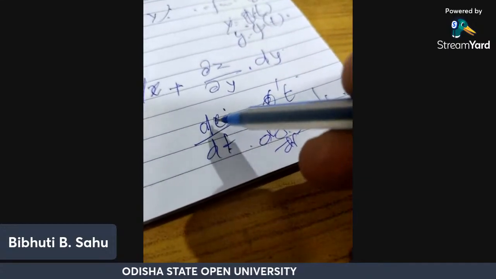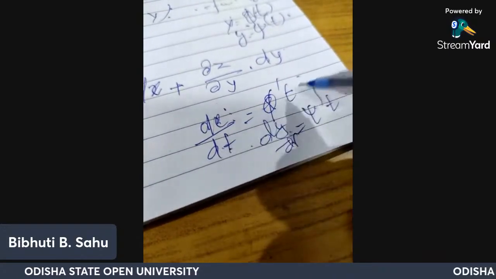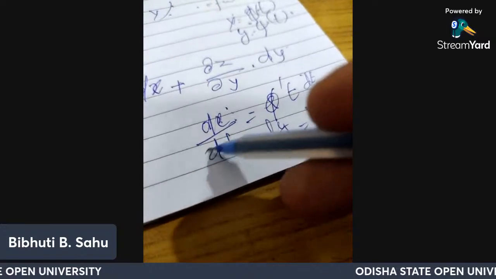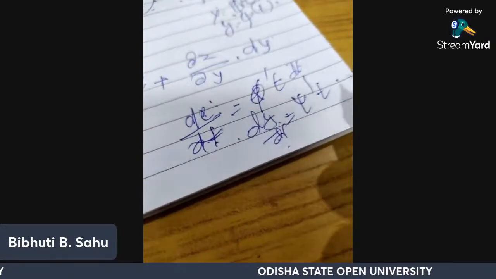So we can write dx is equal to phi prime t dt, multiplying by dt here. Likewise, dy is equal to f prime t dt, multiplying by dt here.